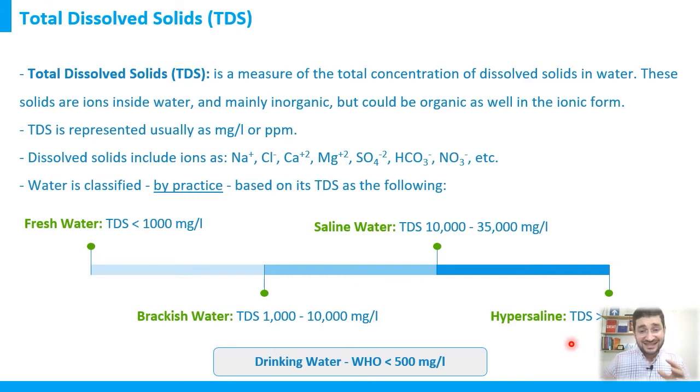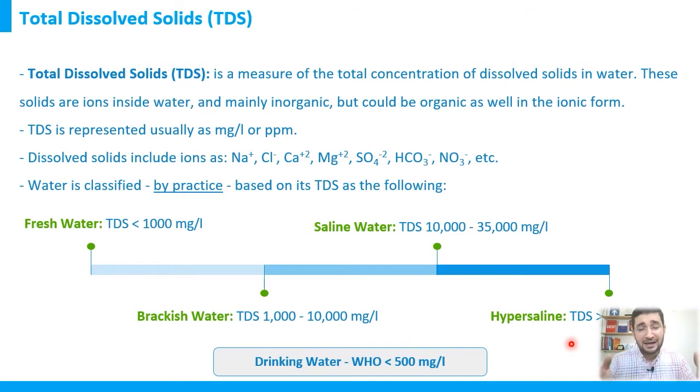Again, this classification may not apply in your country. In different countries in the Middle East, North America, South America, India, and China, we may have different classifications, but this classification is as per the USGS.